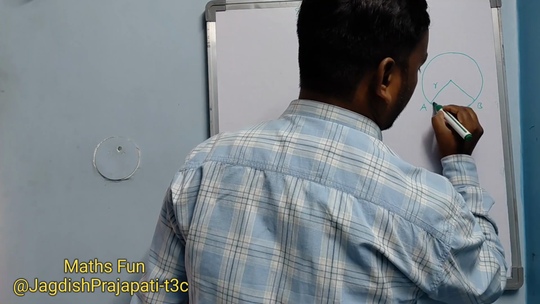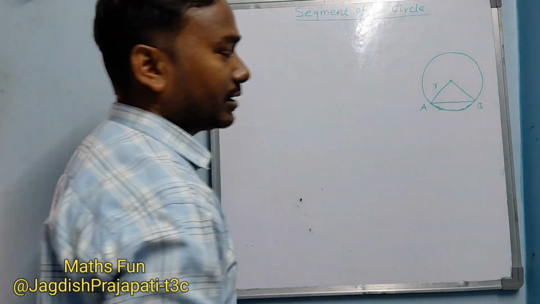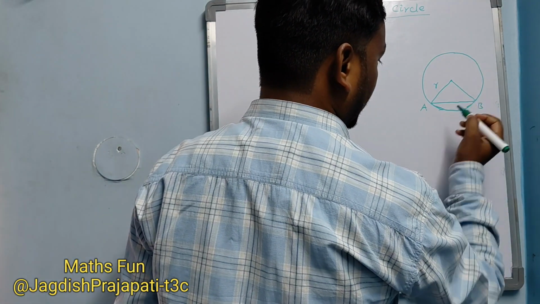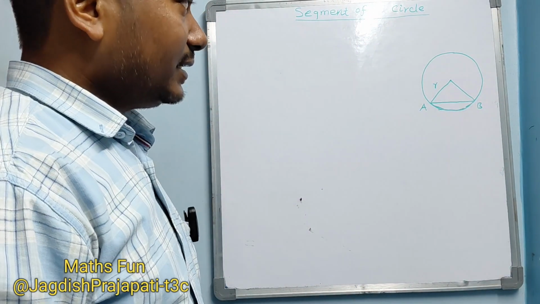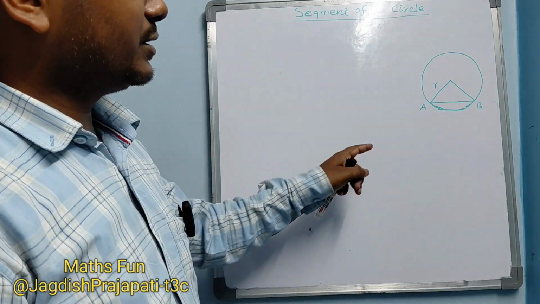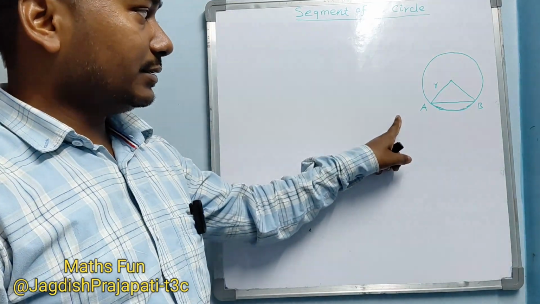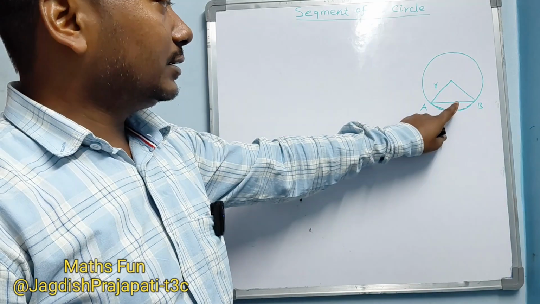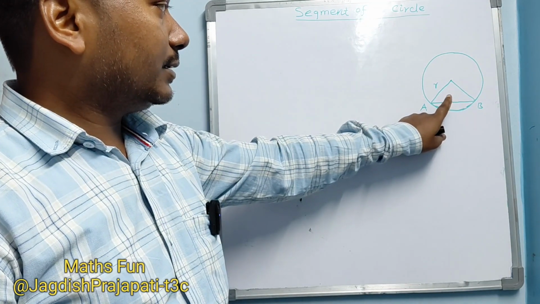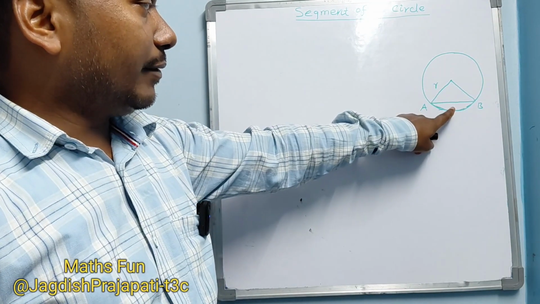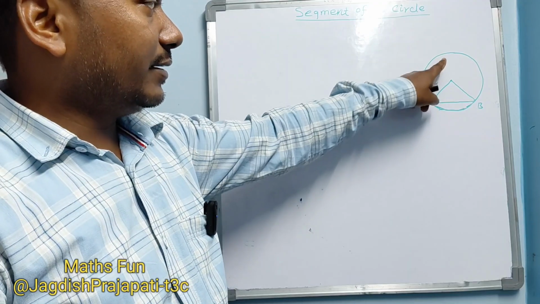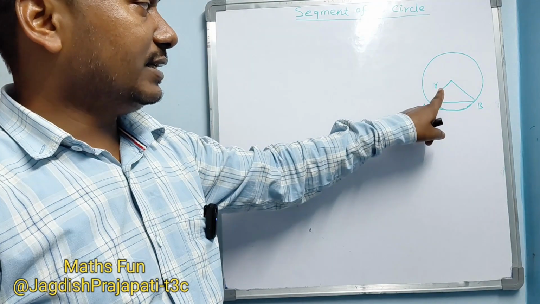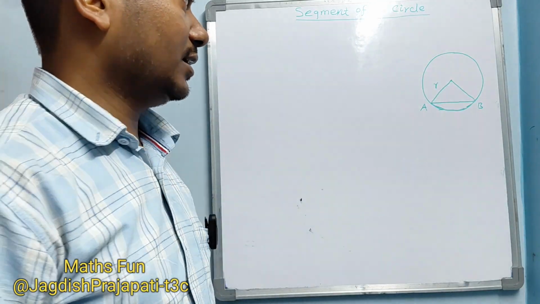This AB is a chord. Then the area enclosed between it, the minor sector and major sector cover the entire area of the circle.